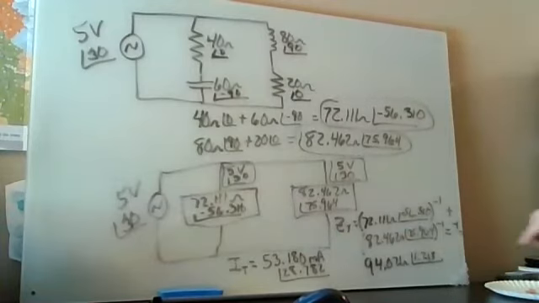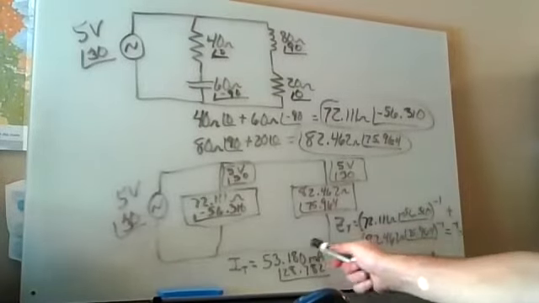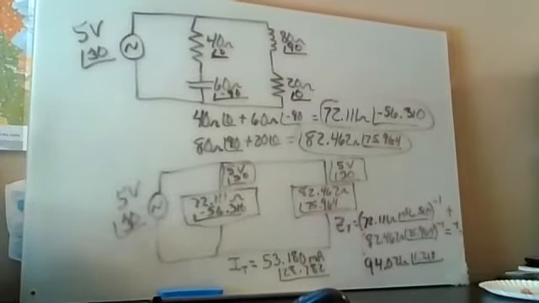So everybody get your I total. Let me know if that's what you got. I got 0.053, I didn't move the decimal because I just didn't see the need to. But if you put 0.053, it would just be amps. But I want you to move it so you get more numbers, because 0.053 is not going to be as accurate as 53.18.